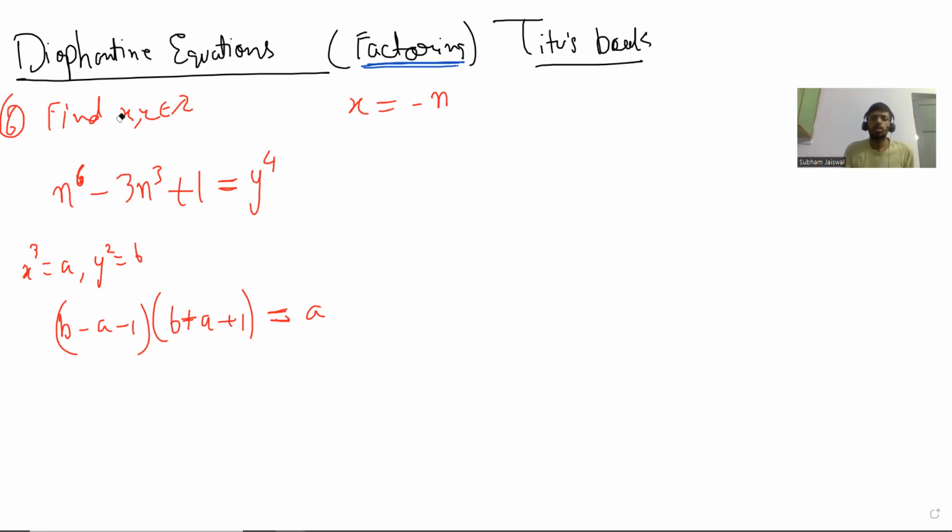But again, you see, this means that what we have is this is bigger than y cube, this is bigger than n cube minus 1 whole square, right? Same thing. And it is less than, so you try to see.